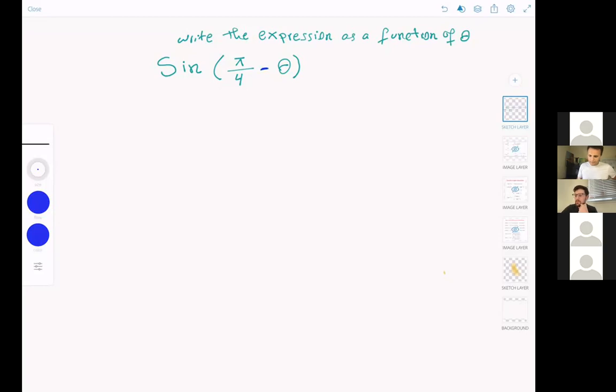And we have a formula of alpha minus beta. If there is a sine of alpha minus beta, then we're going to have sine alpha cosine beta minus cosine alpha sine beta.